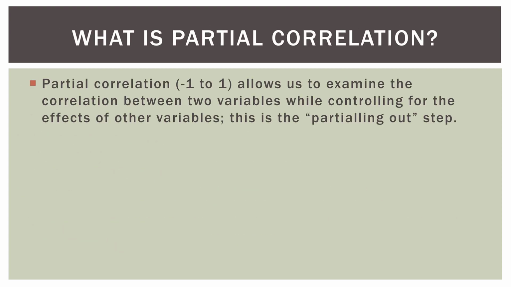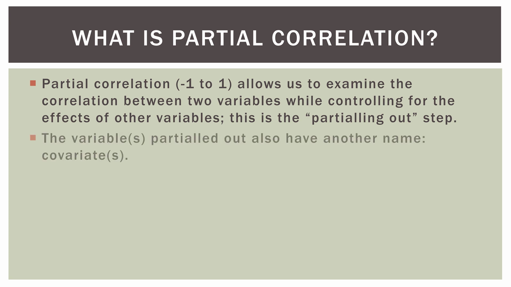So partial correlation runs from -1 to 1, just like a regular correlation. And that allows us to examine the correlation between two variables while controlling for the effects of other variables. This is the partialing out step. So the variables partialed out also have another name, covariates.